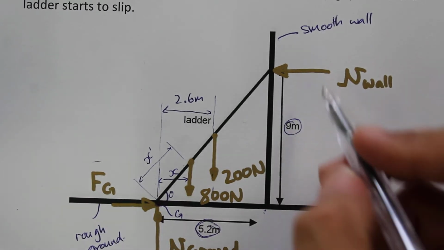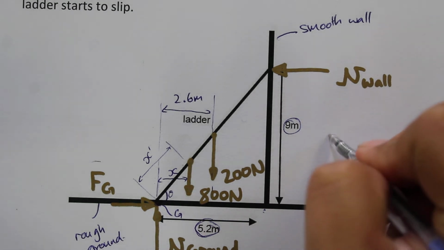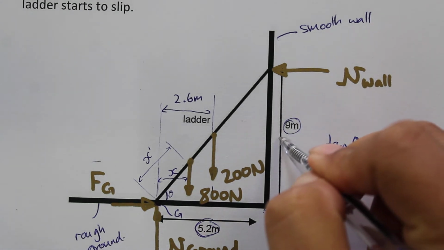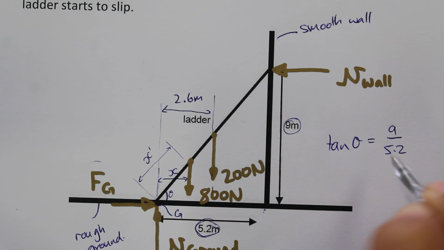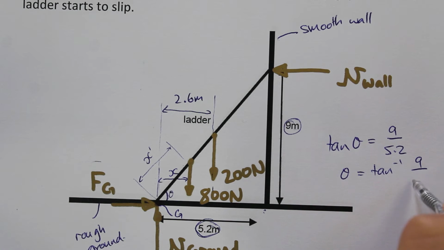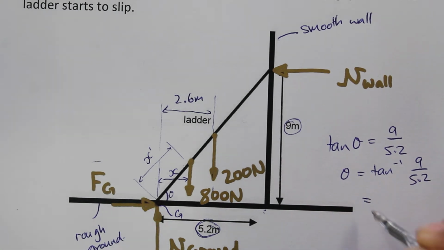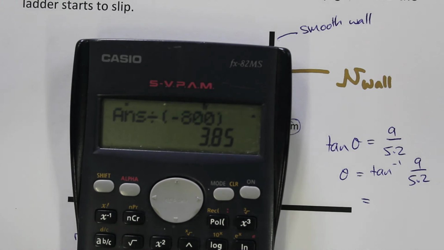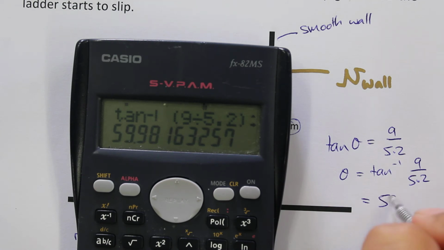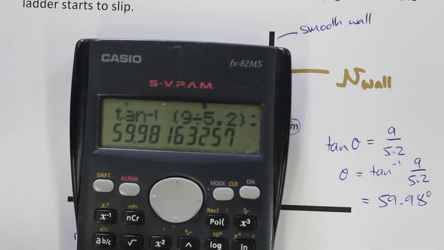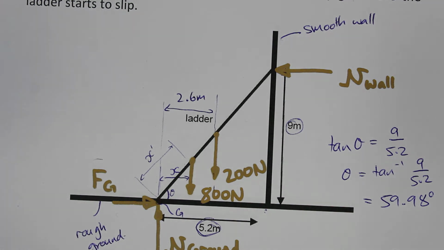So tan theta equals the opposite side, 9 meters, divided by the adjacent side, 5.2, and theta equals the inverse tan of 9 divided by 5.2. Placing that into a calculator, we get 59.98 degrees, close enough to 60 degrees.